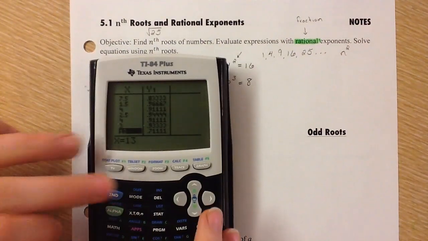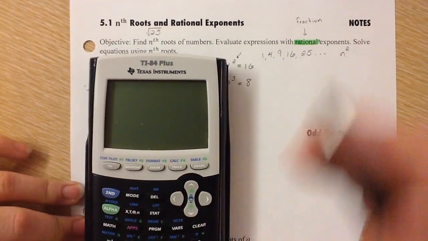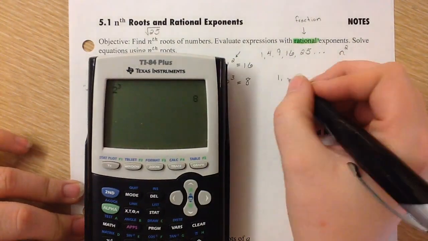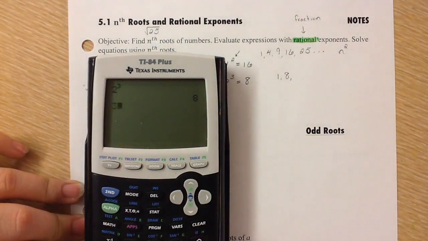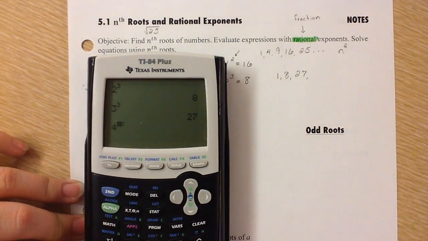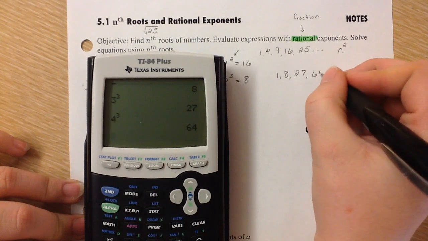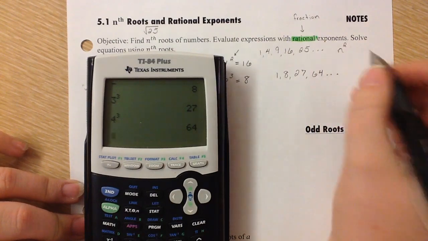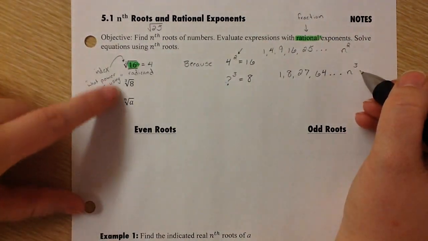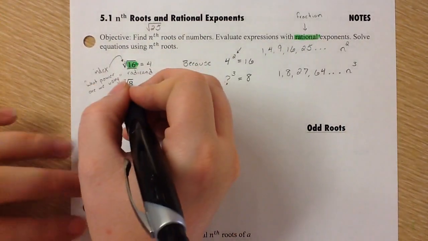We're just taking numbers to the third. So 1 to the third is 1, 2 to the third is 8, 3 to the third is 27, 4 to the third is 64. We're looking at numbers to the third power because my index out here is 3.